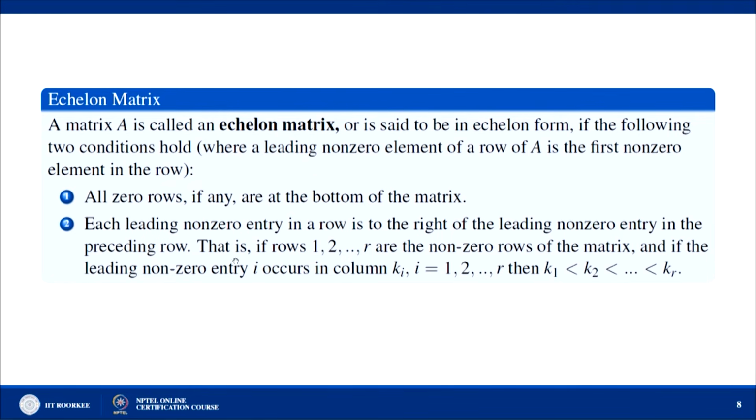Okay. That is, if rows 1, 2 up to r are the non-zero rows of a matrix, and if the leading non-zero entry i occurs in the column Ki, i from 1 to r, then K1 is less than K2 is less than up to Kr. So, let us discuss this by some examples.